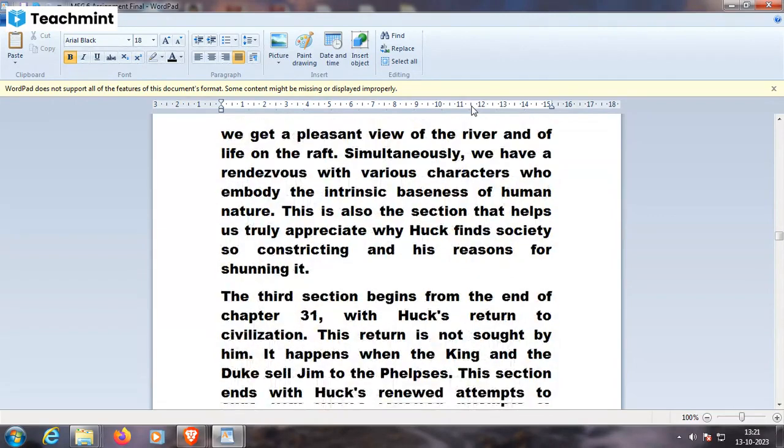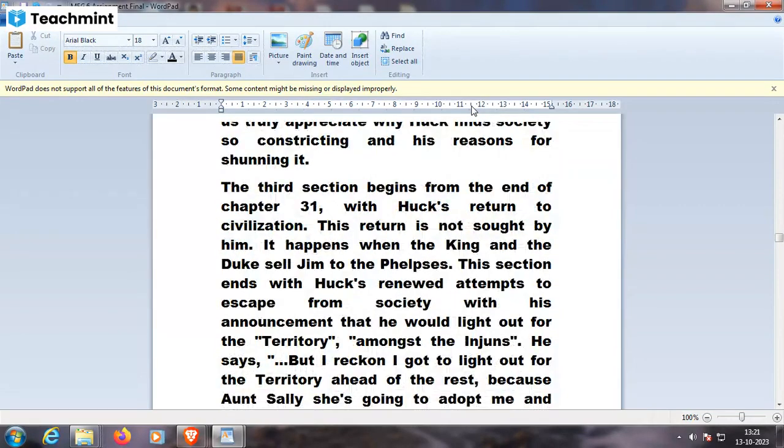The third section begins from the end of chapter 31 with Huck's return to civilization. This return is not sought by him. It happens when the king and the duke sell Jim to the Phelpses. This section ends with Huck's renewed attempt to escape from society with his announcement that he would light out for the territory.